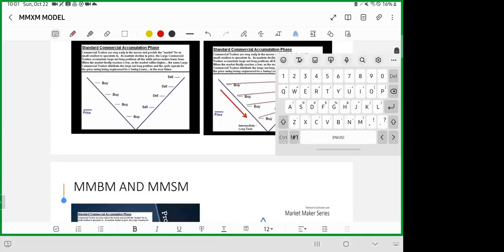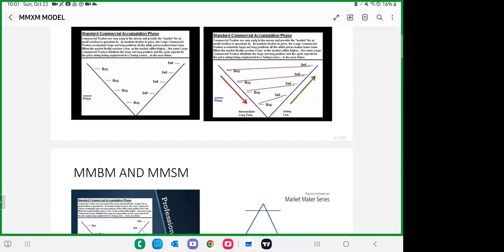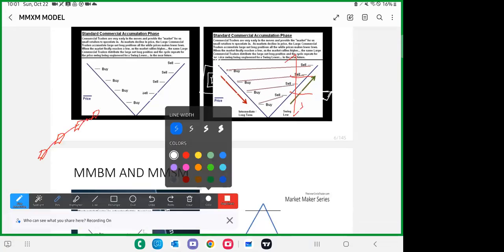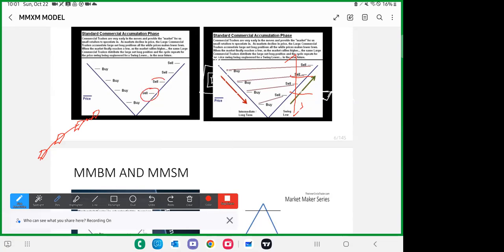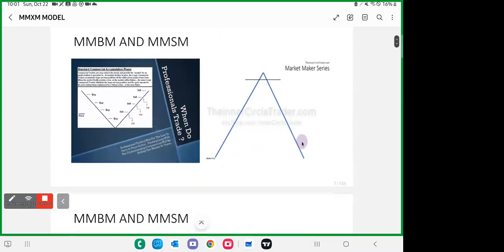So if we're looking here, as that market is going higher, they're shorting. They go short, they go short, they go short, they go short. What's going to happen is those areas will be reclaimed once we get to the opposite side. I'll show you what that looks like.